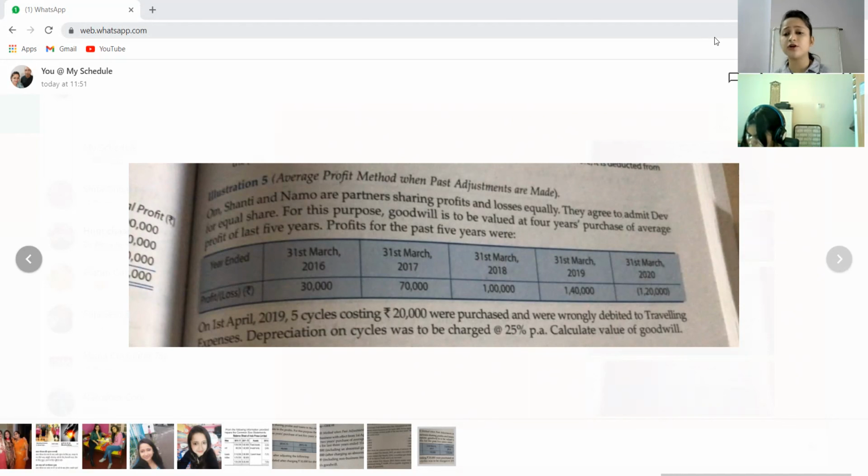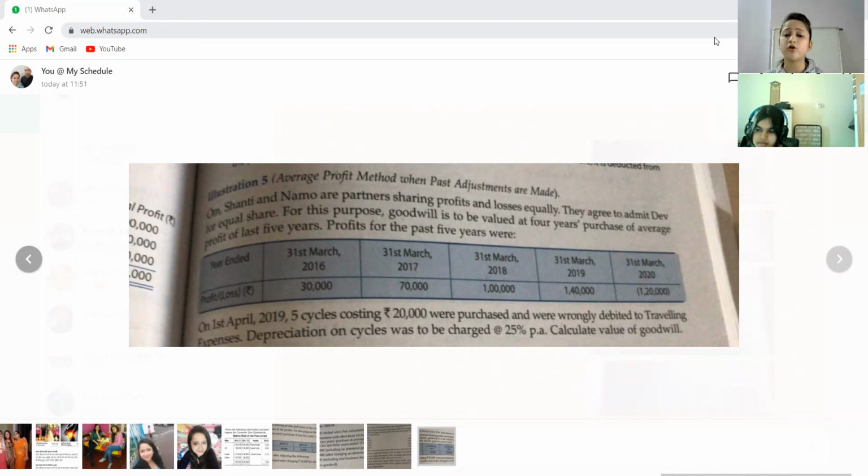So you have to focus on the dates. If you write it in the 2019 column, the whole sum will be wrong. So 1st April 2019 will end at 31st March 2020. One more thing: if you have not written it in the balance sheet, you are not treating it as an asset, but every asset should have some depreciation.